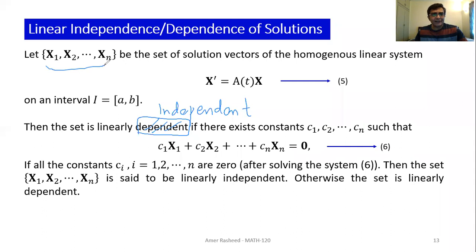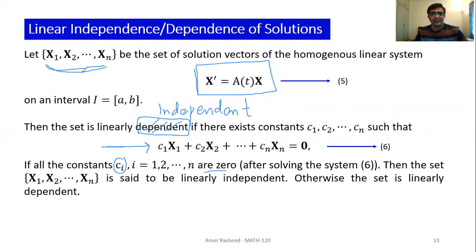This set of vectors, which is a solution of this homogeneous linear system, will be called linearly independent if we consider the equation C1 x1 plus C2 x2 plus Cn xn is equal to 0, and after solving this, all the constants Ci's are 0.